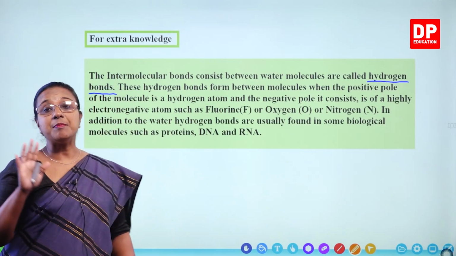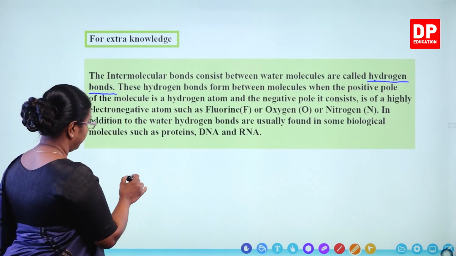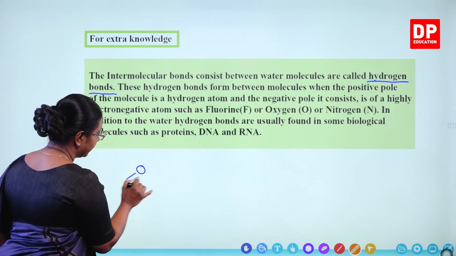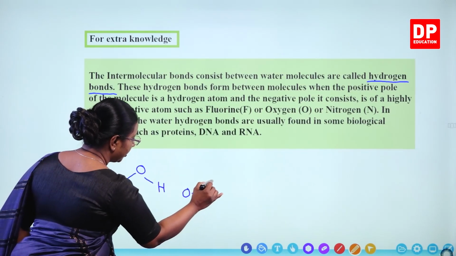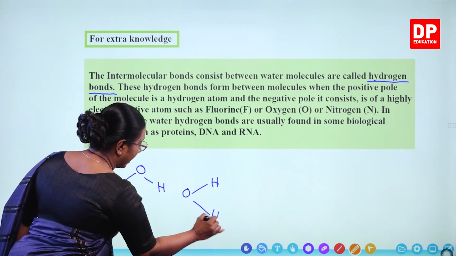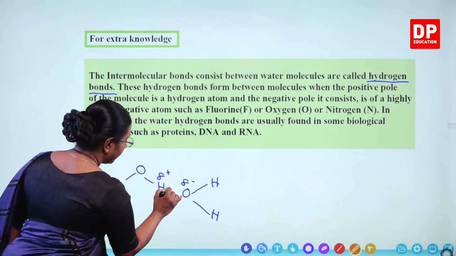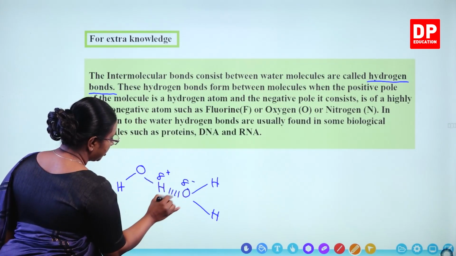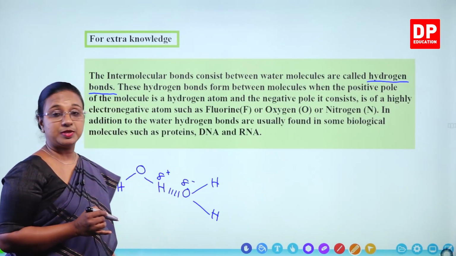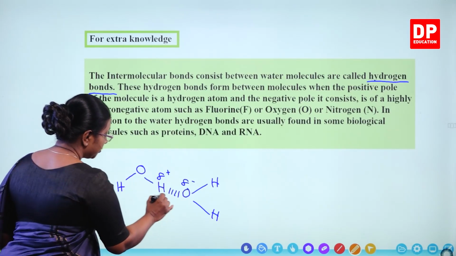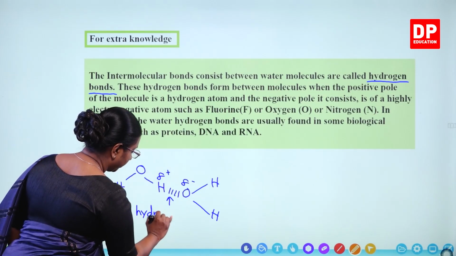Now this name hydrogen bond is because in water, if you can remember, students, we had the water molecule like this, another water molecule like this, and the bond was between the partial positive charge of hydrogen and the partial negative charge that was present on oxygen. So that is why we call this hydrogen bond.